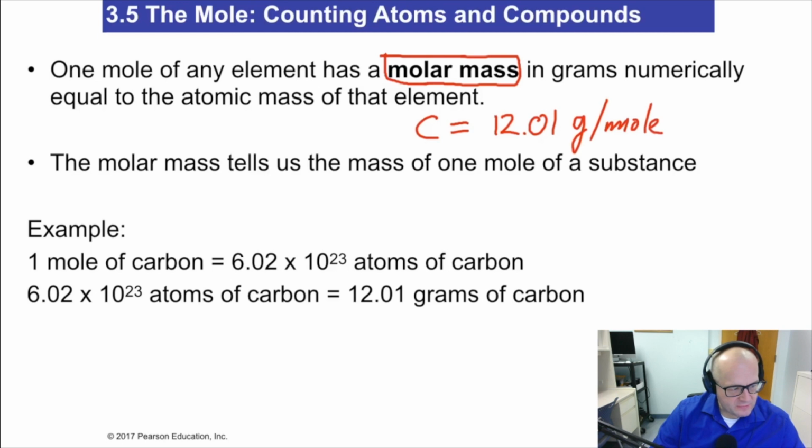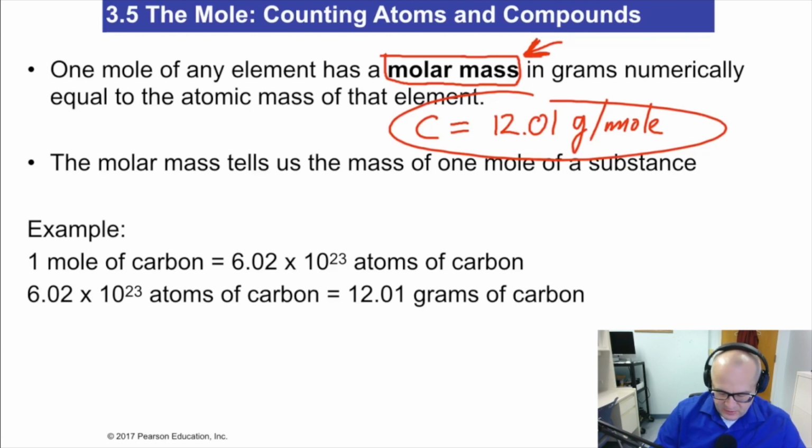So if I wanted 6.02 times 10 to the 23 atoms of carbon, I'd have to weigh out 12.01 grams of carbon. That's how we weigh out atoms. We mass it out using grams, using the molar mass. And every element has a different molar mass.